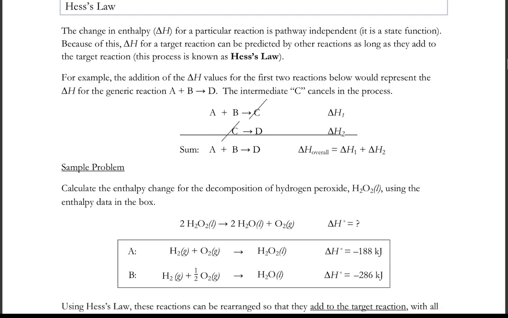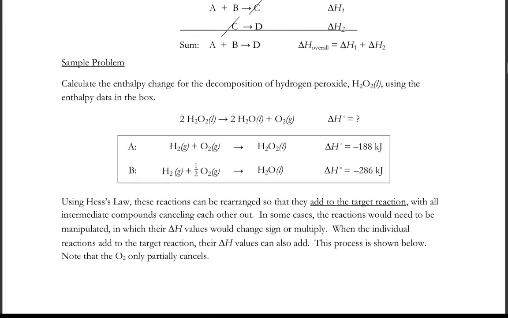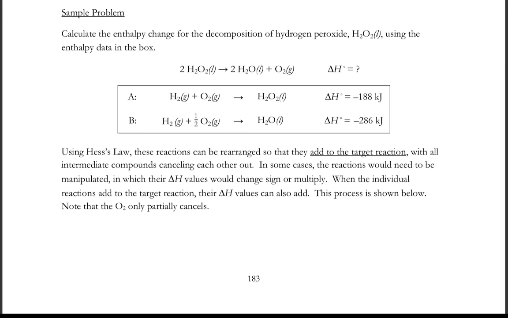So we apply that to this sample problem here. We're after the enthalpy change for the decomposition of hydrogen peroxide liquid, and that process is 2H2O2 liquid forming 2H2O liquid plus O2 gas. So we need to know what the delta H of that process is.